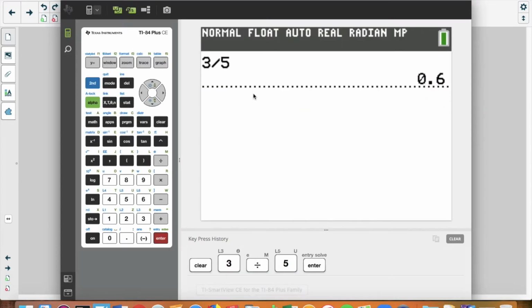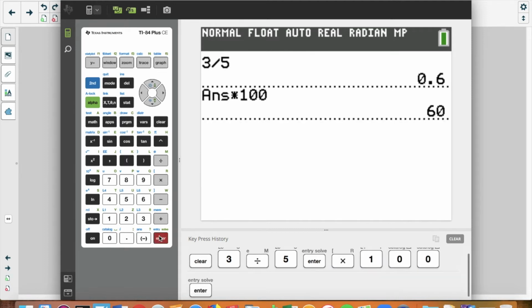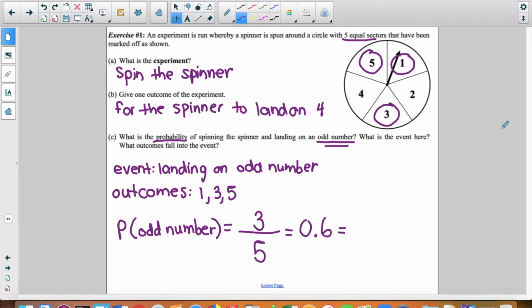To change 0.6 to a percent, multiply by 100 and you get 60. So this is the same thing as 60%. All 3 of these representations are saying the same thing. So whichever one you like to use, you can use.